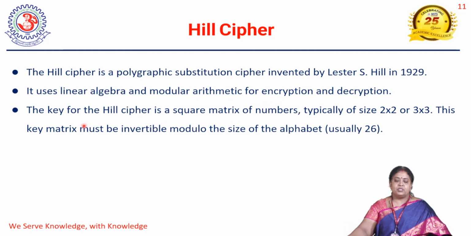Here we are going to make use of a key, and this key is a square matrix, and generally it is 2 by 2 or 3 by 3. Suppose the key is 2 by 2, then we are going to encrypt two letters at a time. If we are taking 3 by 3, then we are going to encrypt three letters at a time. That's why we say polygraphic substitution technique.